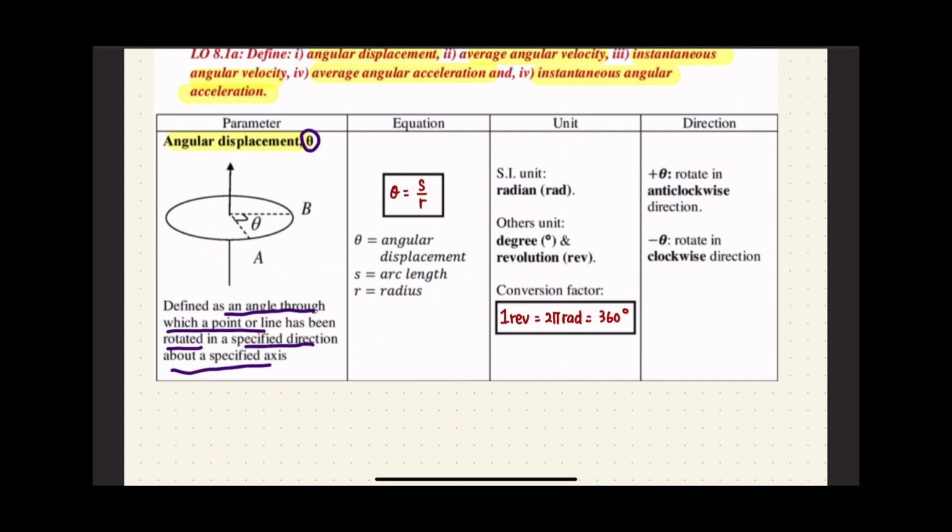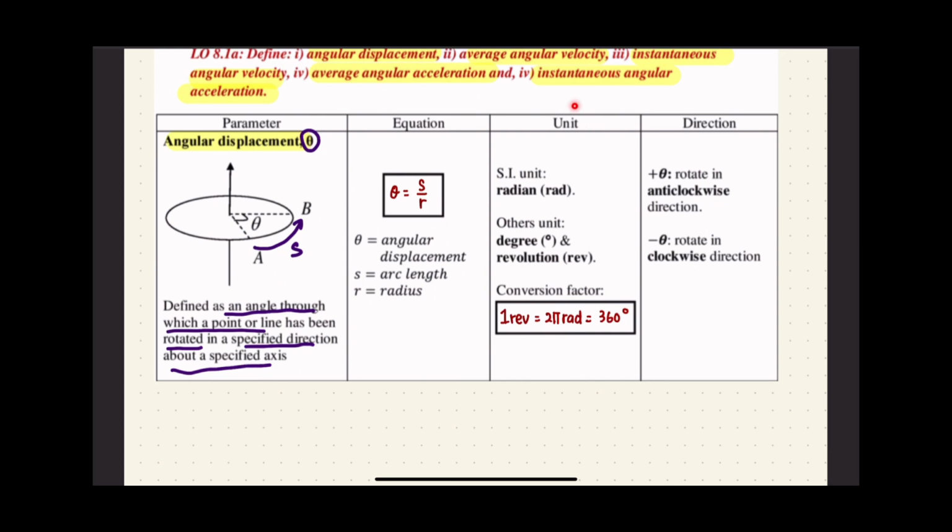The equation is theta equals S divided by R, where theta is angular displacement, S is the arc length, which we call the circumference, and R is the radius of the circle of rotation.